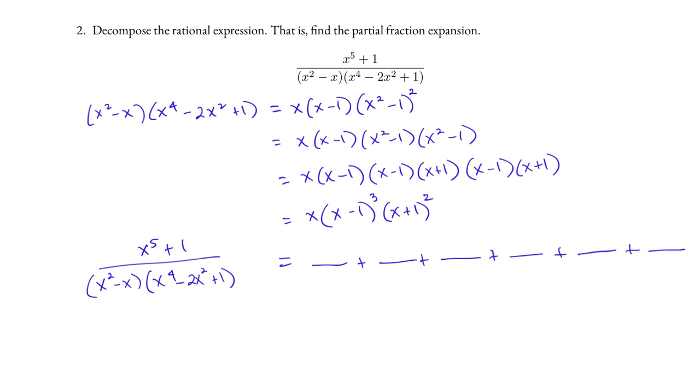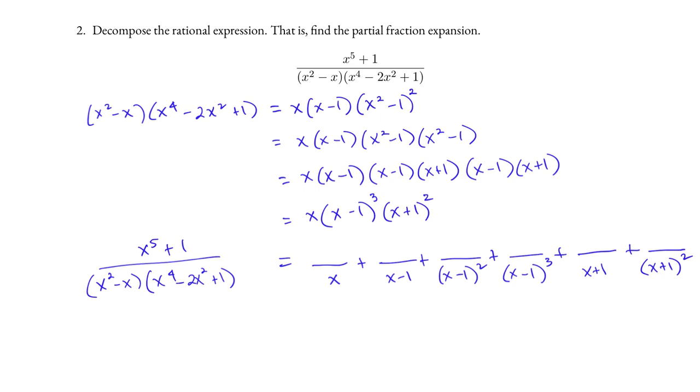The first term with the denominator x, the second term, denominator x minus 1, and then x minus 1 squared, x minus 1 cubed, x plus 1, x plus 1 squared. Keep in mind that for repeated linear factors, we would need to increase the exponent of the linear factors by 1 each time until we have that many repeated factors.